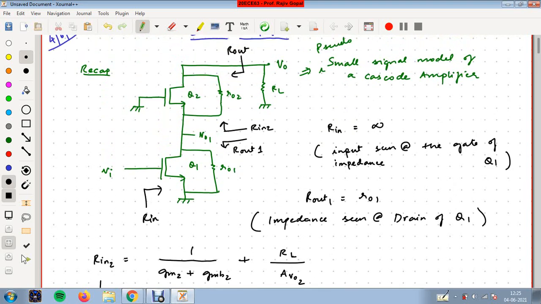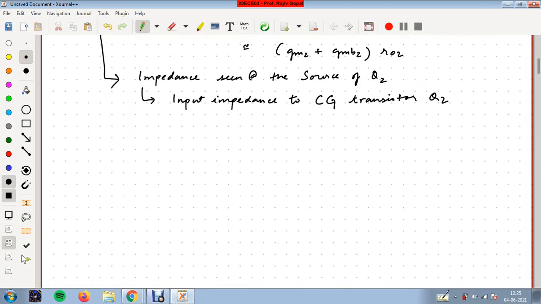Now finally you have R out. You write it as R02 plus Av02 times R01. I'm assuming Av02 is a large value, which makes R02 negligible.